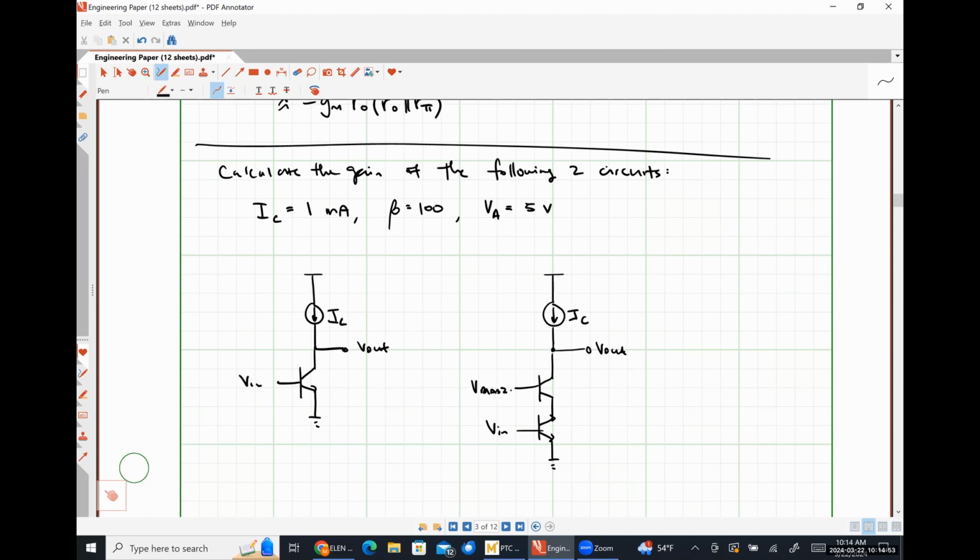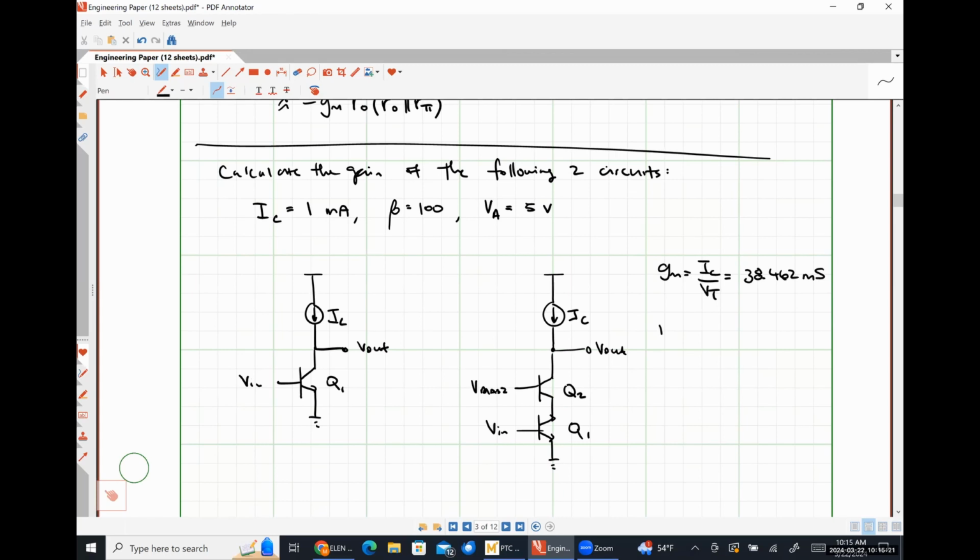All right, so assuming that all of our transistors are the same transistors, meaning they're all matched, our transconductance, IC over VT, should come out to be 38.462 millisiemens.